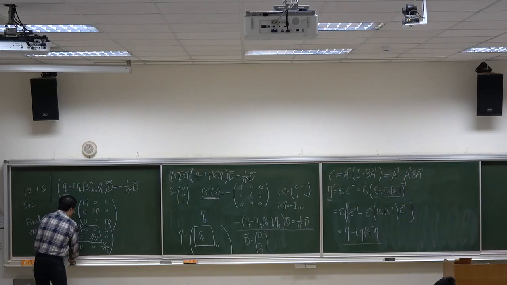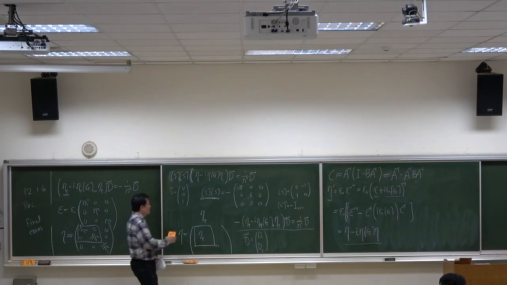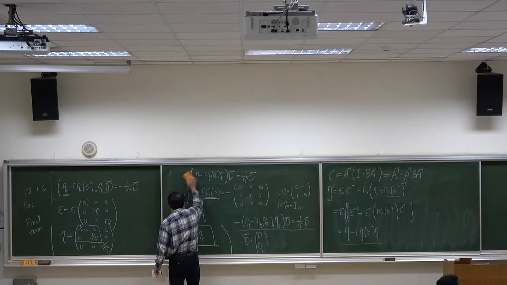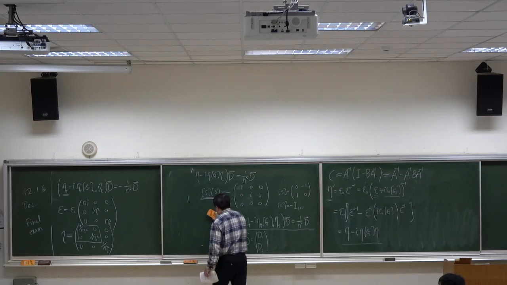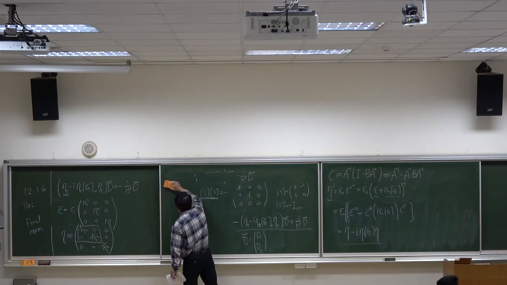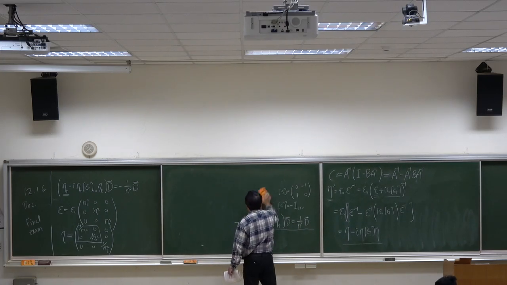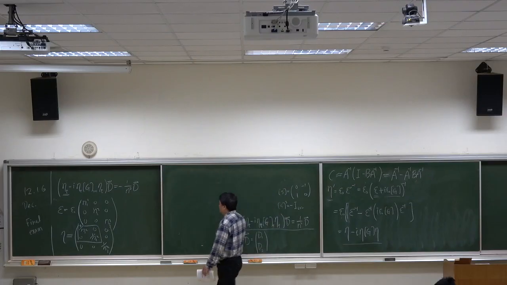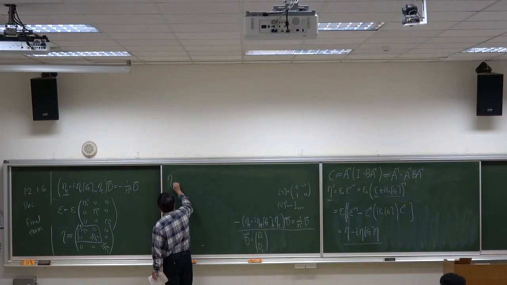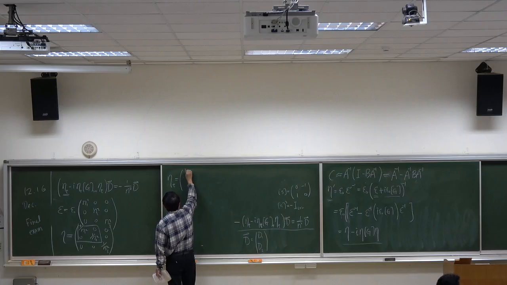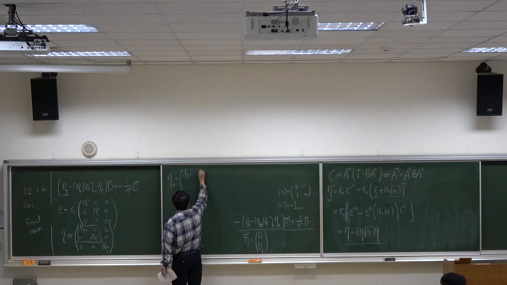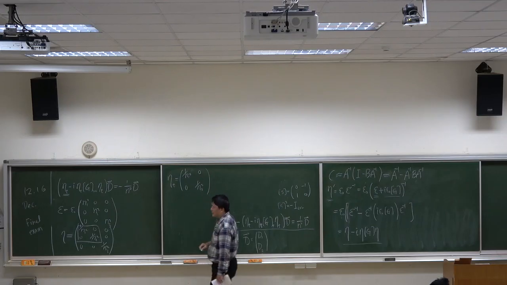So what is eta t? So this means that eta t is 1 over n1 squared, 0, 0, 1 over n2 squared.